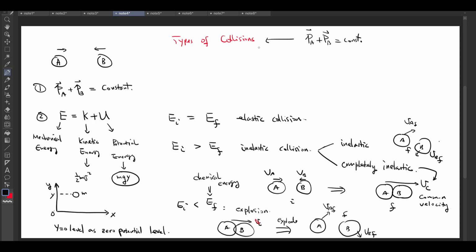So we don't need to worry about whether we can apply momentum conservation to a collision process. In such a process, total momentum is always conserved. And we don't care about energy conservation right now. But in some other cases, when we want to do more calculations, then we will talk about the energy. We'll see that in the next video.